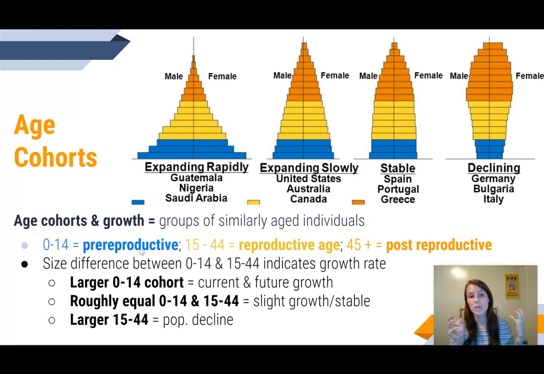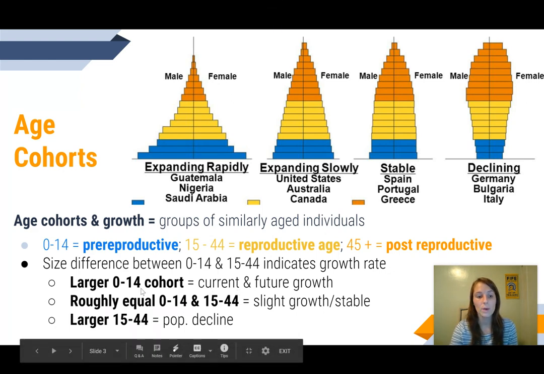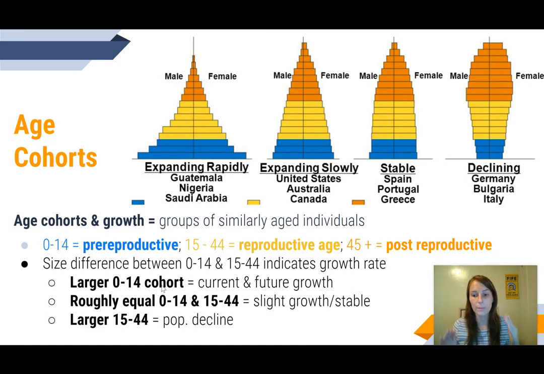Now, getting into the why of these. As you can see, these diagrams are labeled: this one is expanding rapidly, this one is expanding slowly, this one is stable, and this one is declining. When we see a pyramid diagram where we have a larger pre-reproductive cohort, that indicates that we currently have growth and there's going to be future growth in the population.